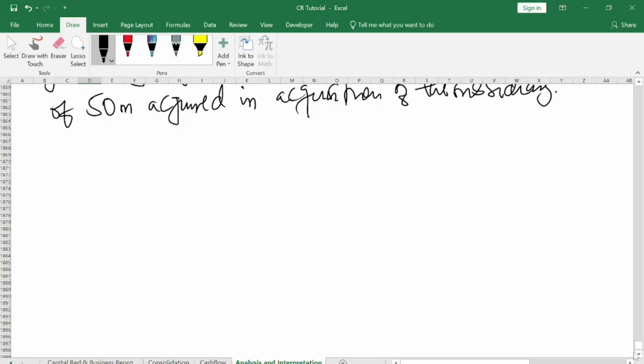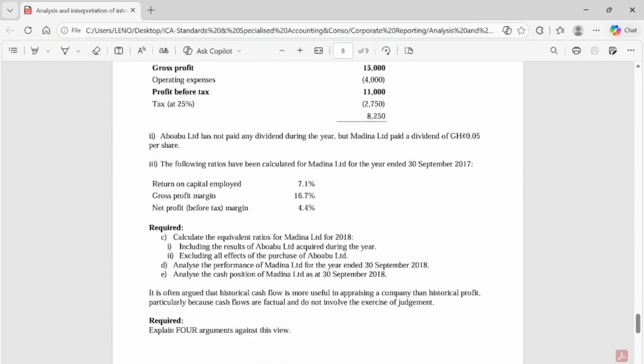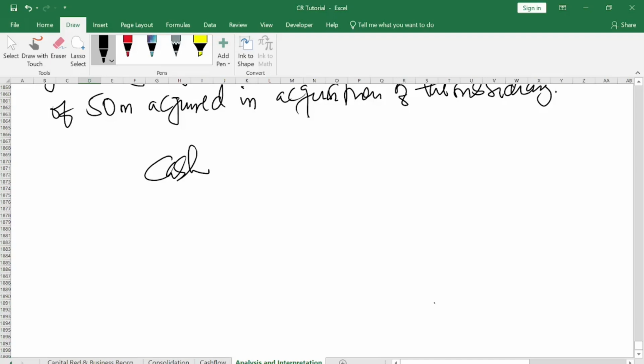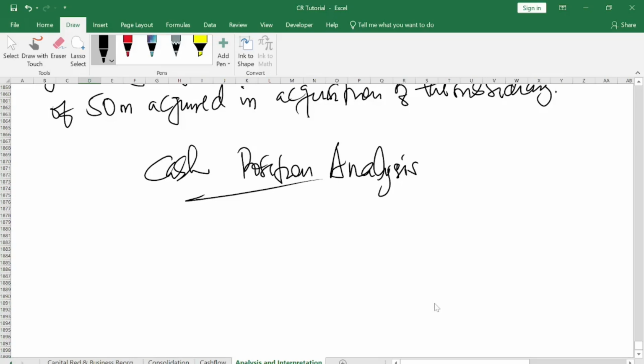All right, so let us look at the last item. They said to analyze the cash position of Manila Limited as of September 2018. So let's do the cash position analysis. So we are done with analysis. So let us go into the question.